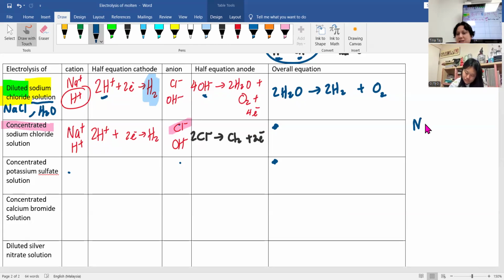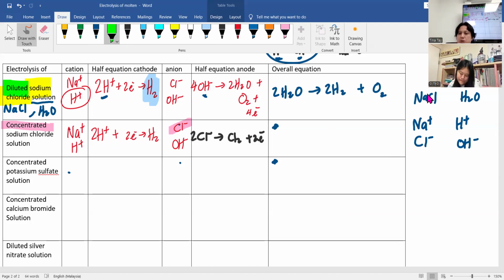So we started with sodium, chloride, hydrogen, hydroxide. This is from sodium chloride. This is from water. Correct? From sodium chloride, who did we choose? Chloride. From water, who do we choose?